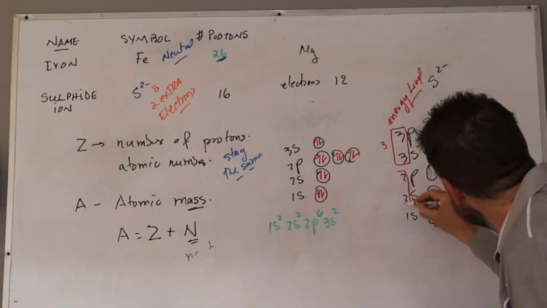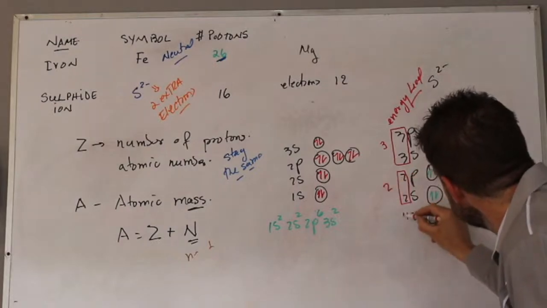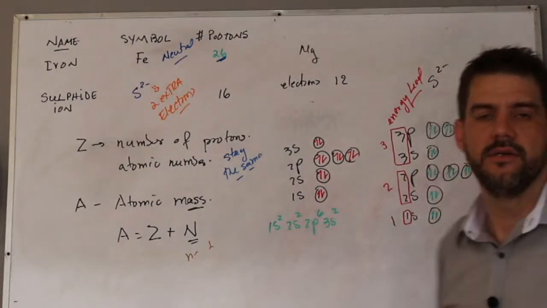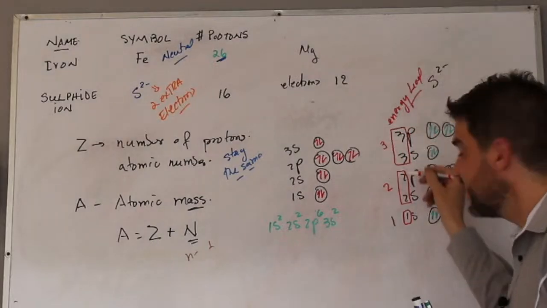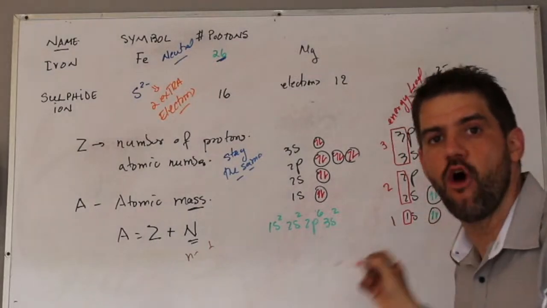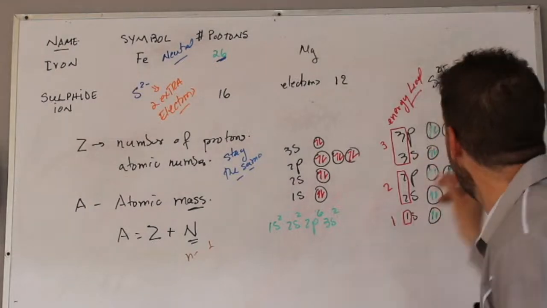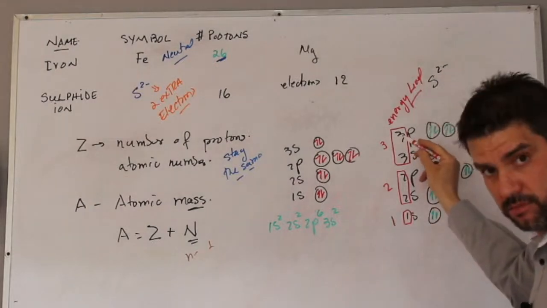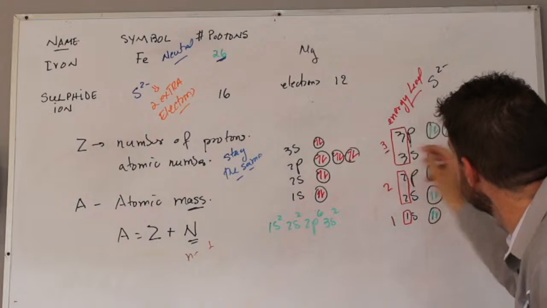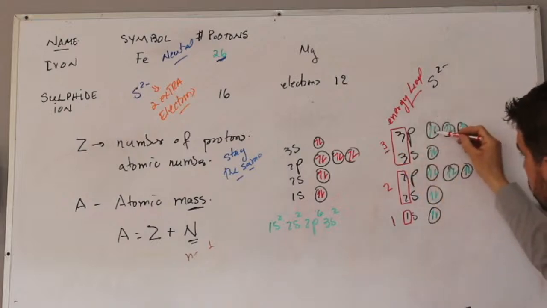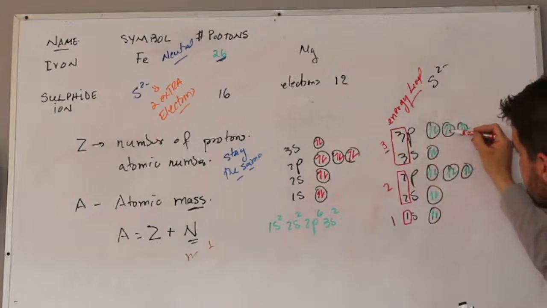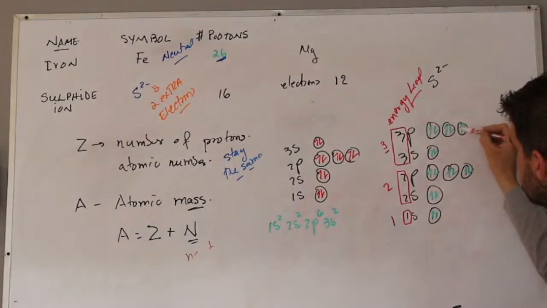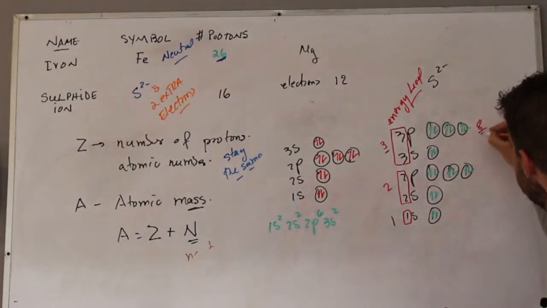This one is energy level 2. This one is energy level 1. Are you with me? These are the energy levels. The letters are orbitals. So what is the number of electrons in energy level 3? 2, 4, 6, and 8. It is 8 electrons.